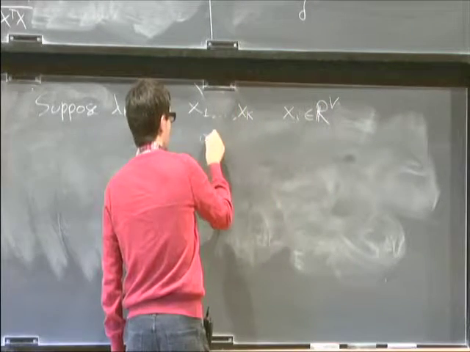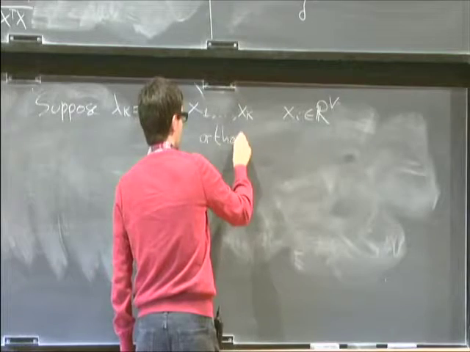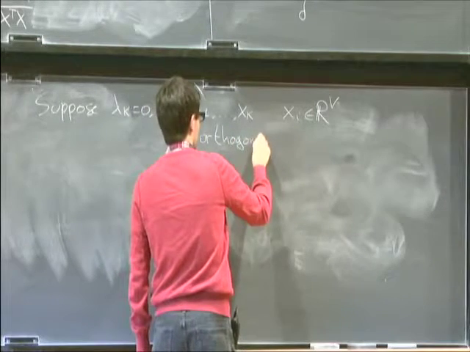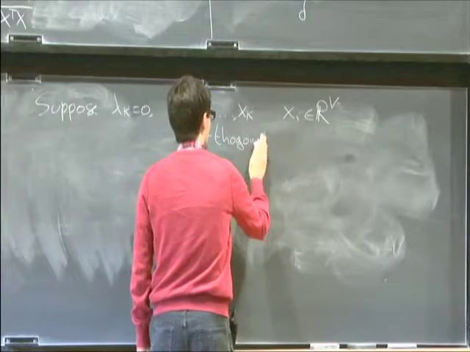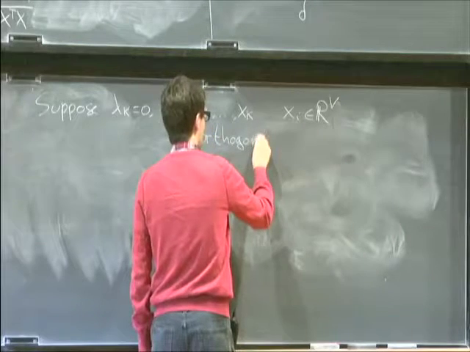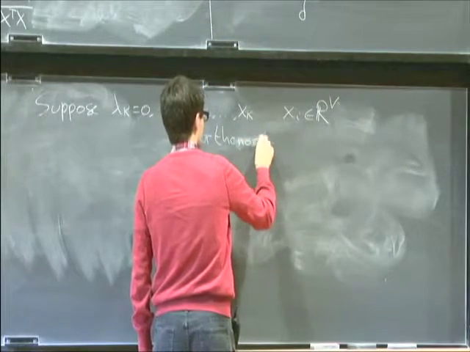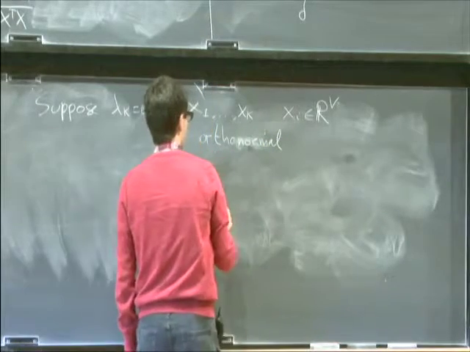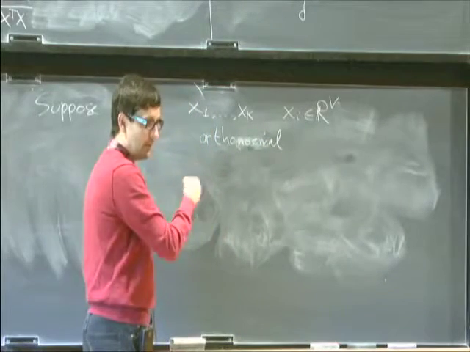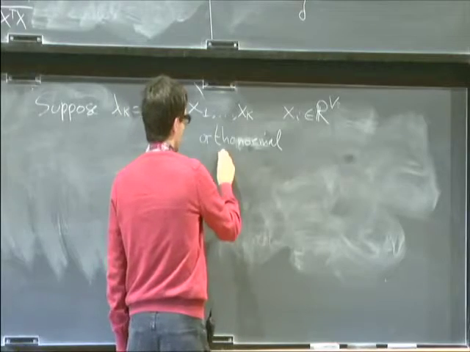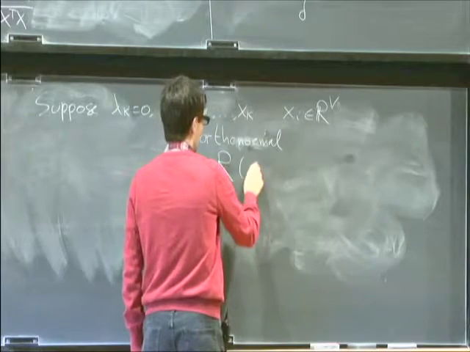In fact, let's scale them so that they are orthonormal, because the Rayleigh quotient is invariant under scaling by a constant. And each of them has Rayleigh quotient 0.